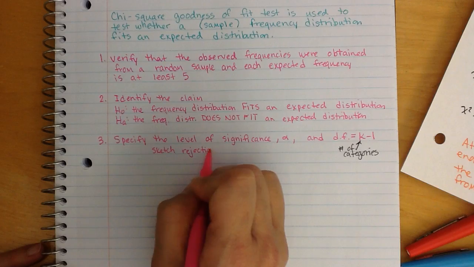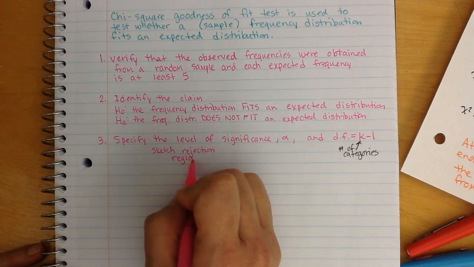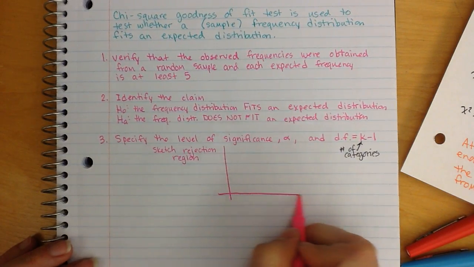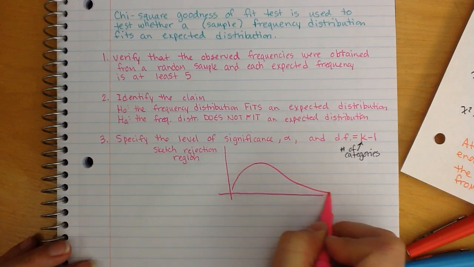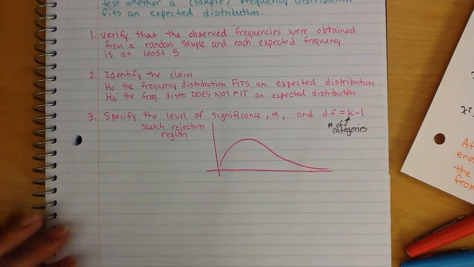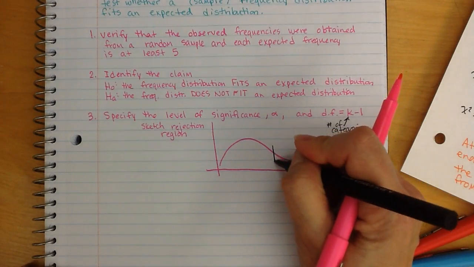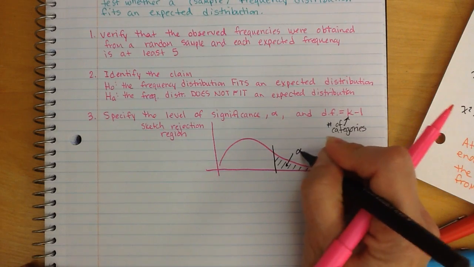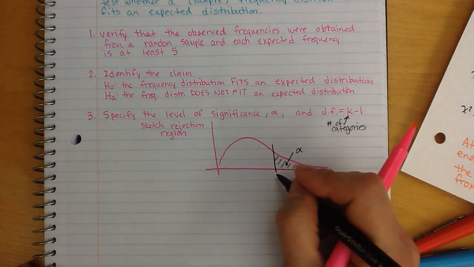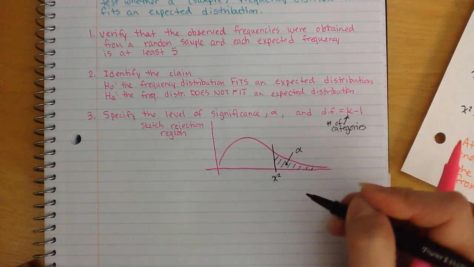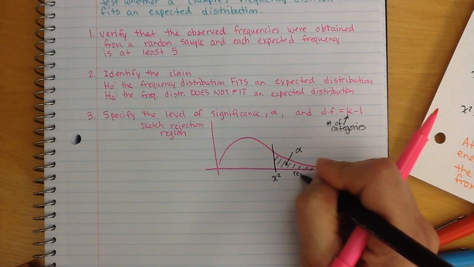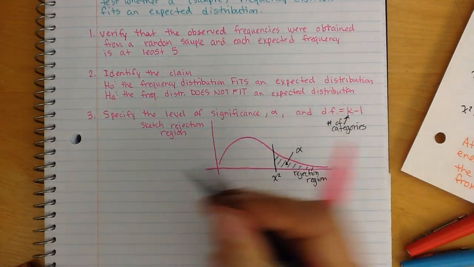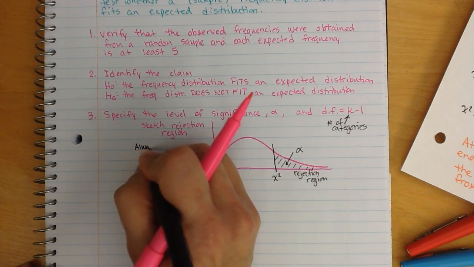The rejection region is going to be based on chi-square distribution. So when we draw that, remember the chi-square is the funky looking one. What we're going to have over here is that this area is going to be alpha, and this is going to be our chi-square value. This is going to be our rejection region. And there's no guesswork on which type of test it is. It is always a right-tailed test.